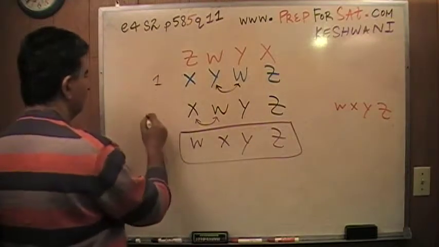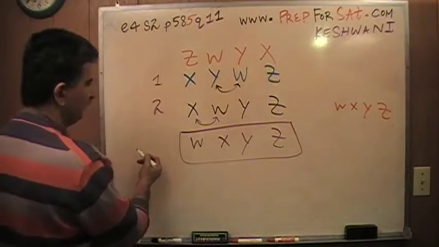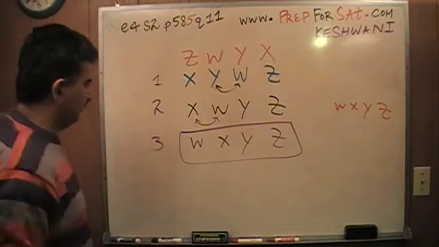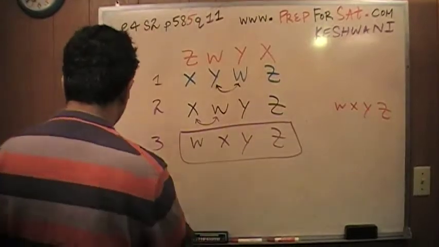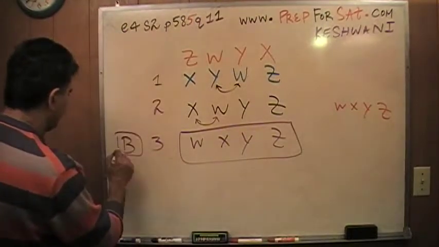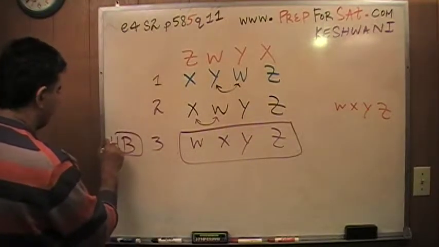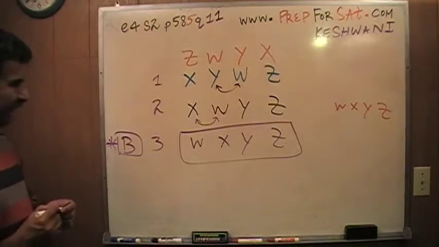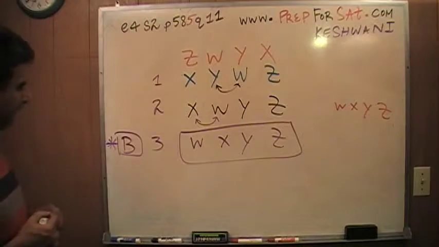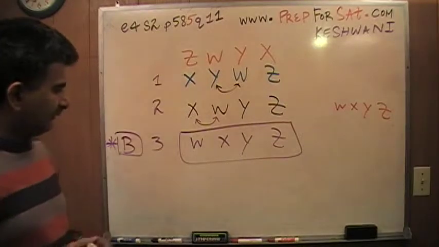This was the first manipulation, this was the second manipulation, this was the third manipulation. Answer is 3. Answer is B. I have to have my little star next to it, otherwise it just doesn't feel right. So that's the answer. Answer is B.